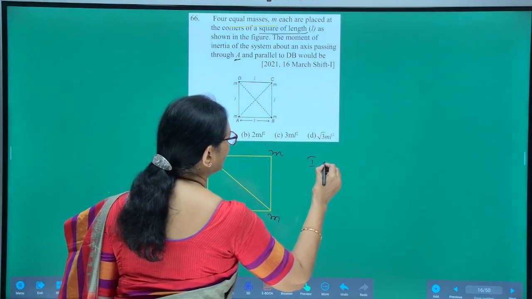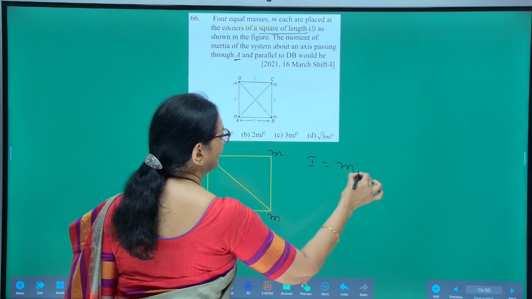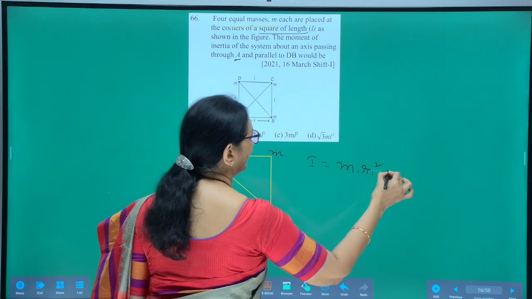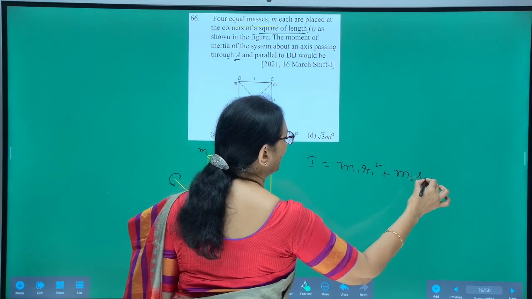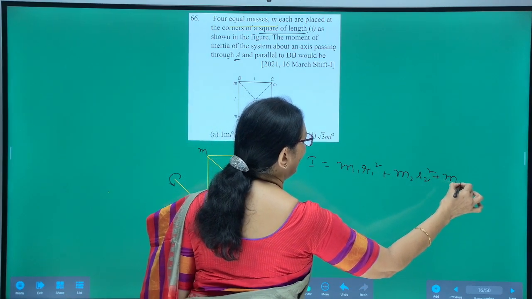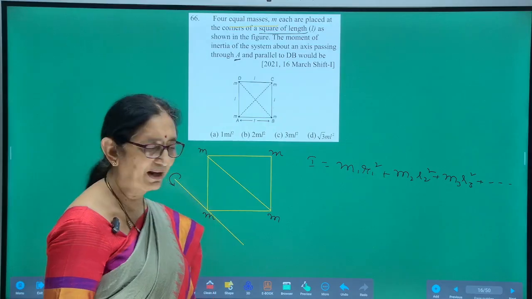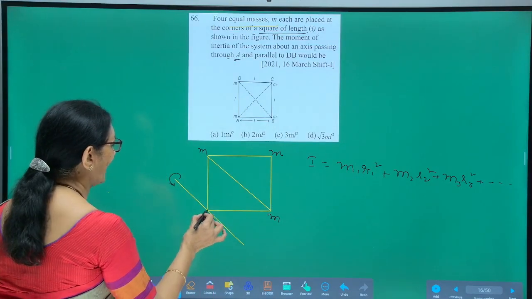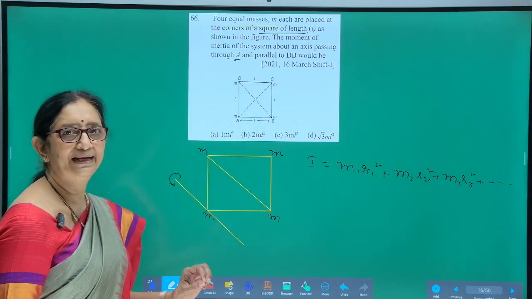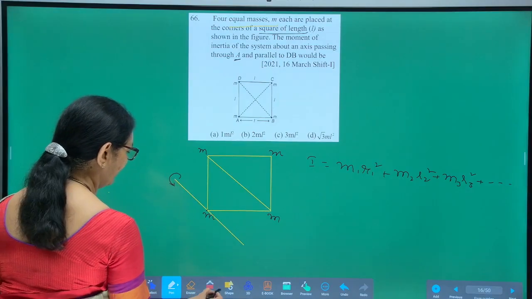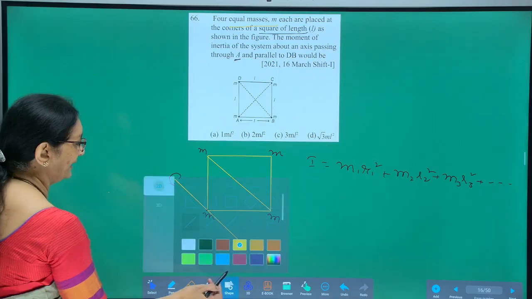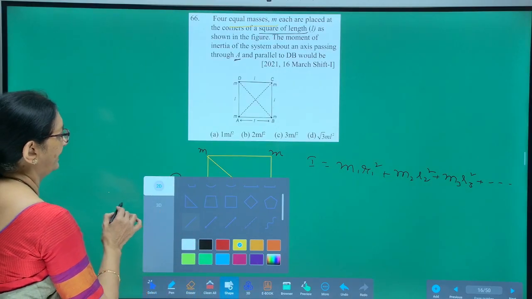Now look here. Moment of inertia of a system of particles is m1 r1 square plus m2 r2 square plus m3 r3 square, and so on. Right? Here, as this particle is on the axis, its perpendicular distance is 0, so it doesn't contribute anything to the moment of inertia.